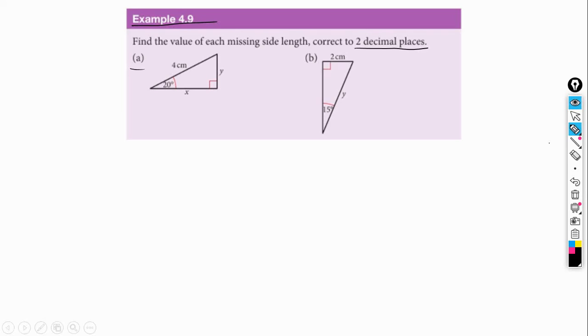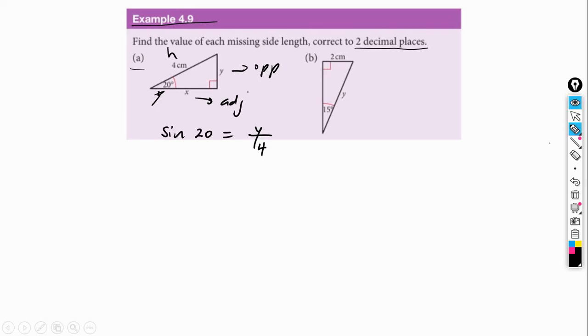So this is where we come to use the trigonometric ratios. So let's take a look at a couple things here. So this is the angle, 20 degrees. This here would be the opposite side, and this here would be the adjacent, and this is the hypotenuse. So notice that sine of 20 is equal to the opposite, y, divided by the hypotenuse, 4.